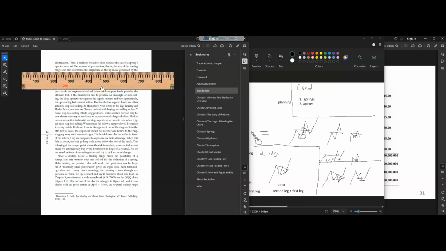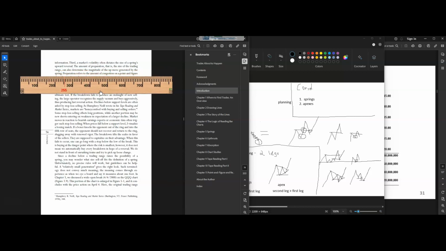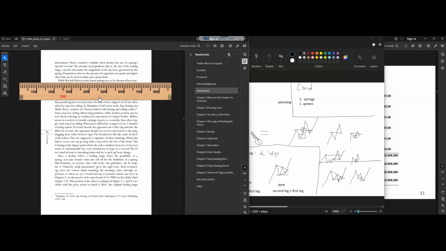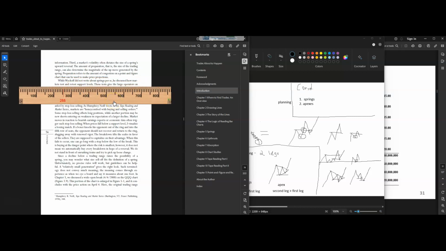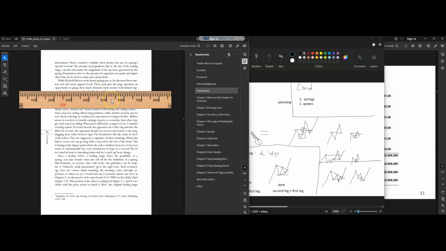The amount of preparation inside of a trading range can also determine the magnitude of upward move generated by the spring. While Wyckoff did not write about springs, he discussed how markets test and retest support levels. And we know that a spring is the ultimate test. These tests give large operators an important gauge on how much demand exists around well-defined support levels.